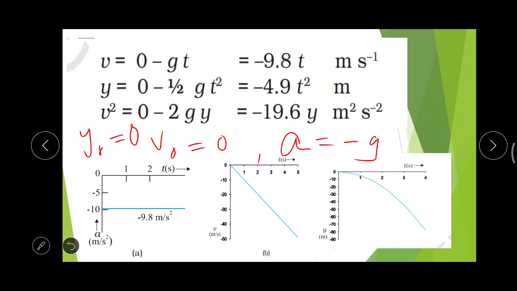Now substituting the values, v is equal to v0 plus at, where v0 is equal to 0, and a is equal to minus g, so v is equal to minus gt.